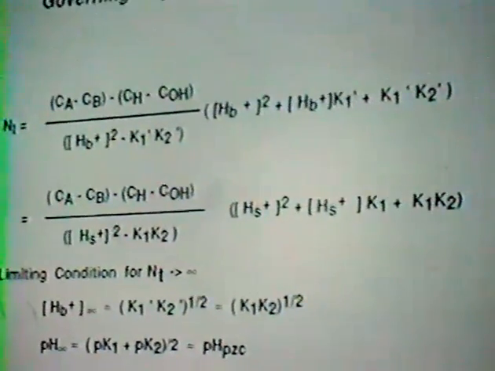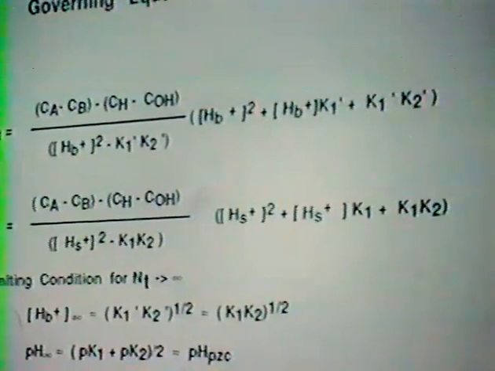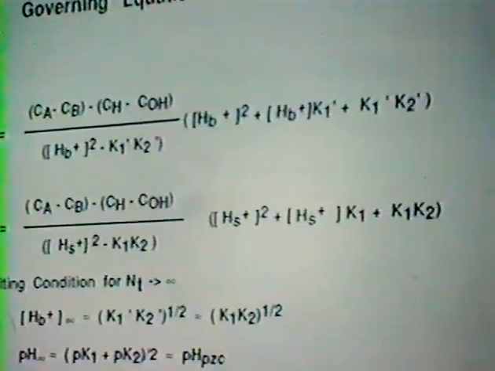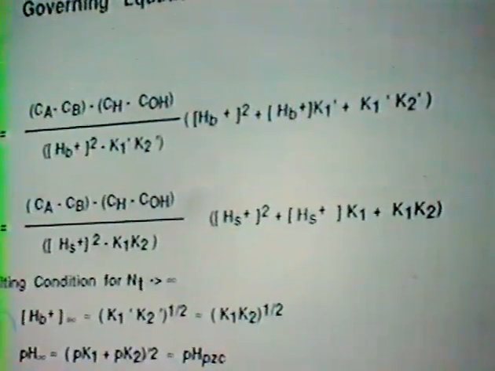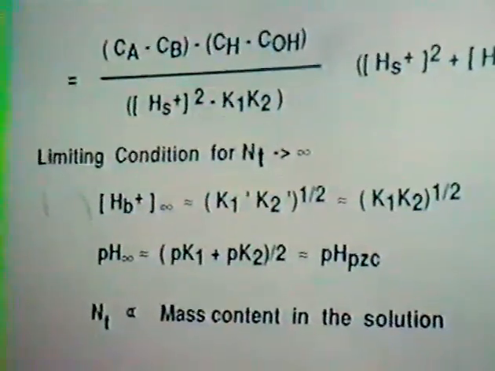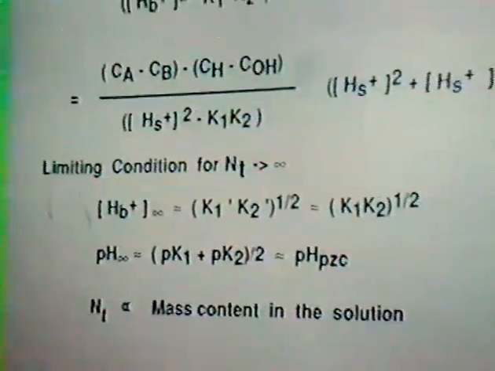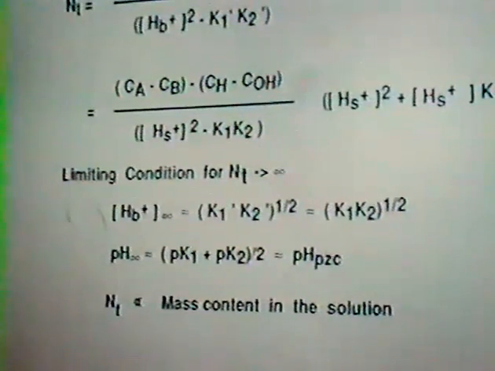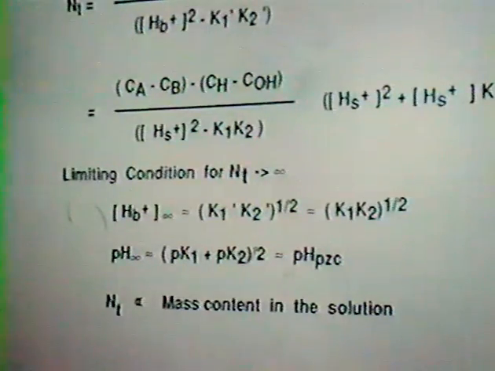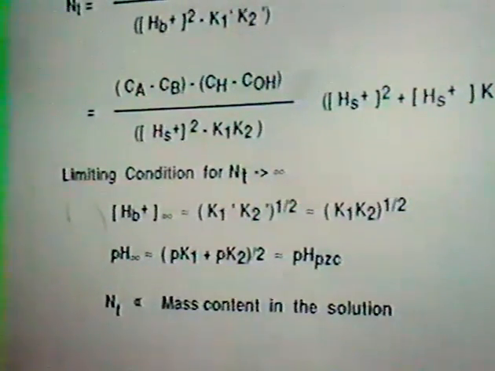Without going into any details, the important consideration is what happens in the limit as N sub T, the number of amphoteric hydroxyl sites, goes to infinity. In that limit, this denominator must become equal to 0, and the bulk hydrogen concentration is just given by the product of the two dissociation constants raised to the 1/2 power. That is, the pH at infinity, where I see this asymptote, is just the mean of the two pKs, which is by definition the pH of the PZC.